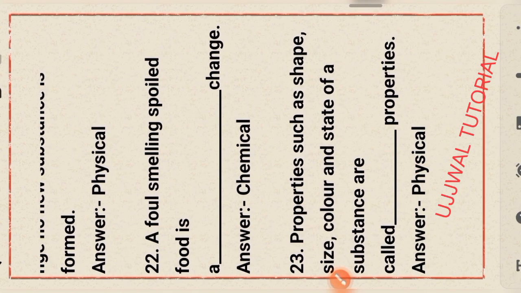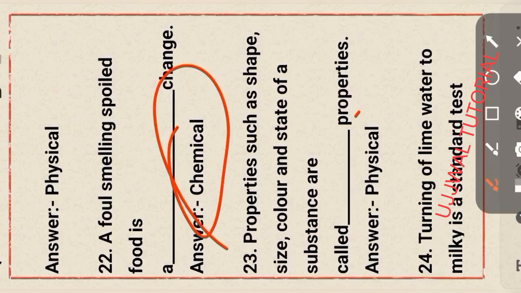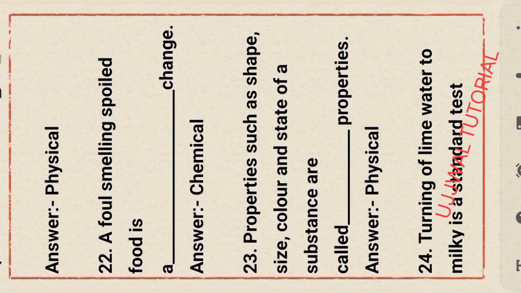Next question, question number 22. Smelling of spoiled food is a chemical change. Next question, properties such as shape, size, color, and state of a substance are called physical properties.